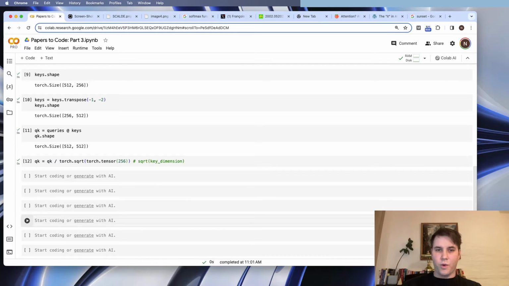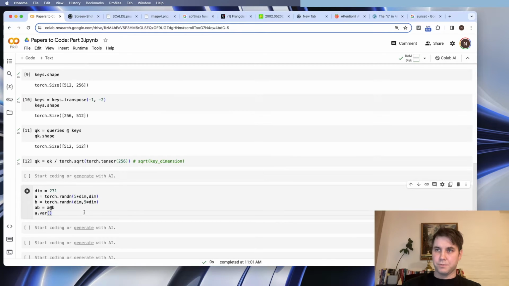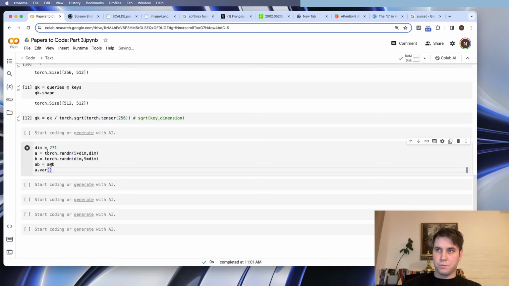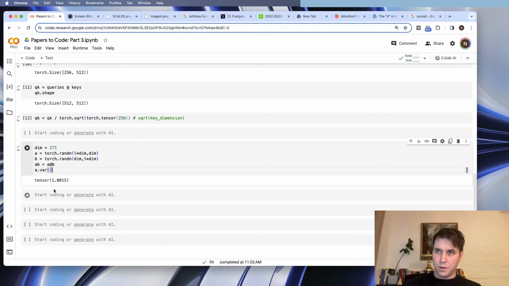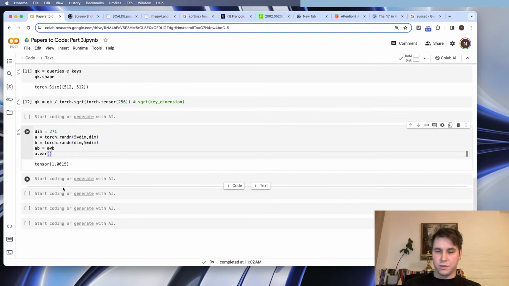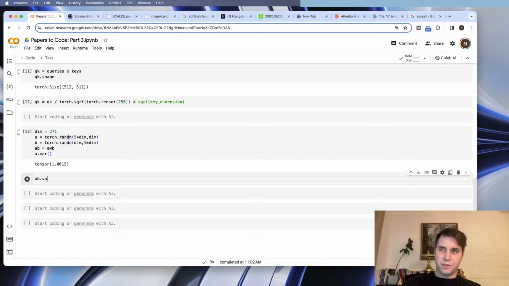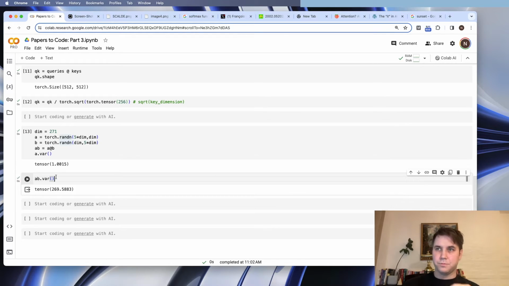Let's take a look at a random set of matrices here. I have these very large matrices, and I'm going to multiply them together. They're random. The variance of one of them is 1, and that's just by nature of how randn works. It creates a matrix with variance 1. But what is the variance of AB? That is, two of these matrices, each with variance 1. What's the variance of their multiplication?